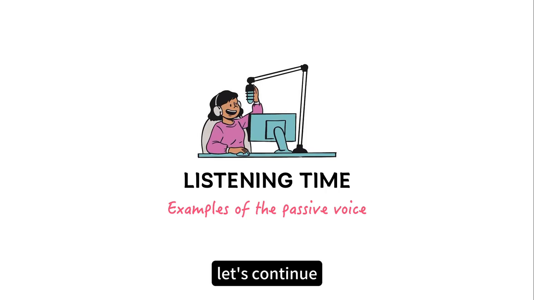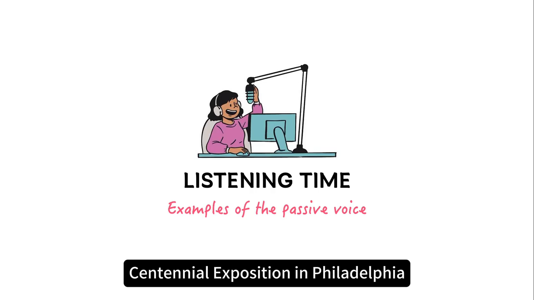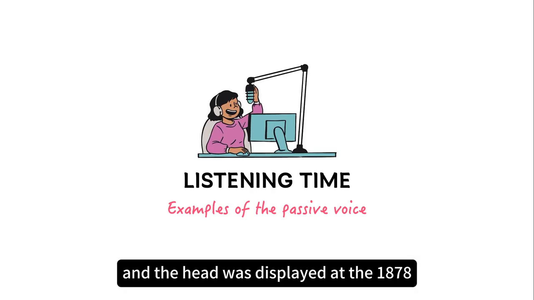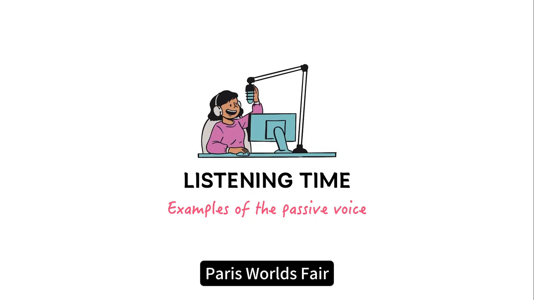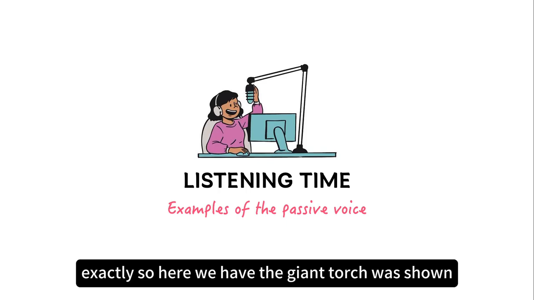Let's continue. For example, the giant torch was shown at the 1876 Centennial Exposition in Philadelphia, and the head was displayed at the 1878 Paris World's Fair. Okay, so two more examples of the passive. Let's talk about these ones. Exactly. So here we have the giant torch was shown.